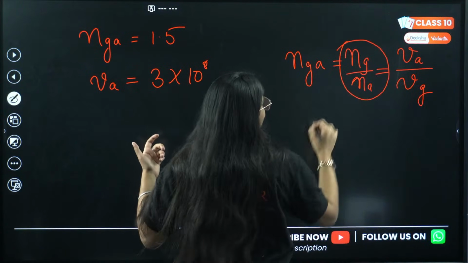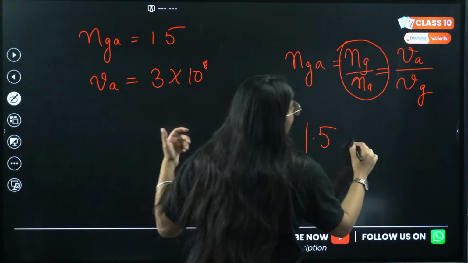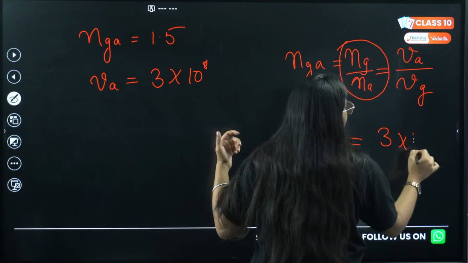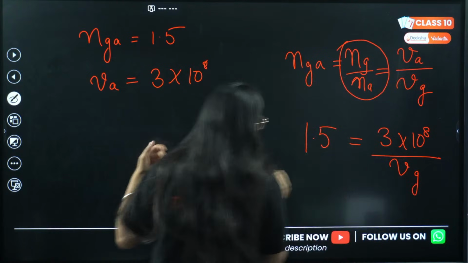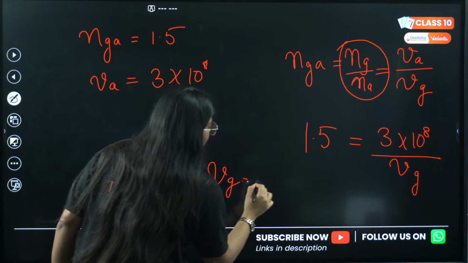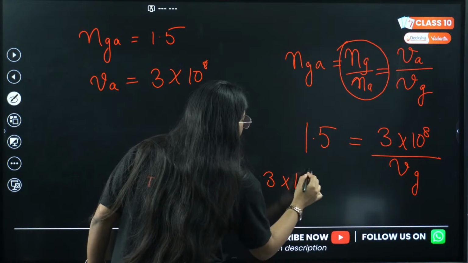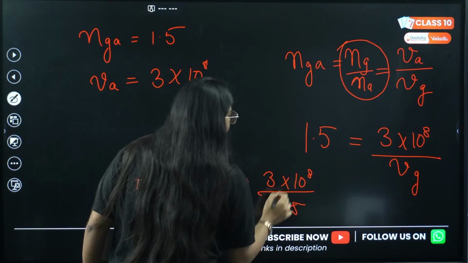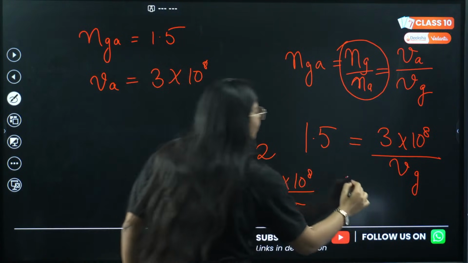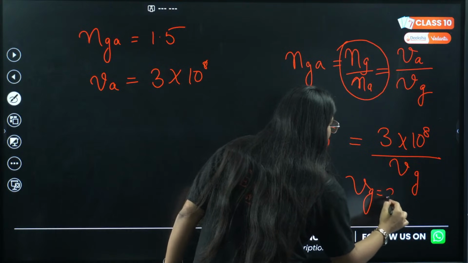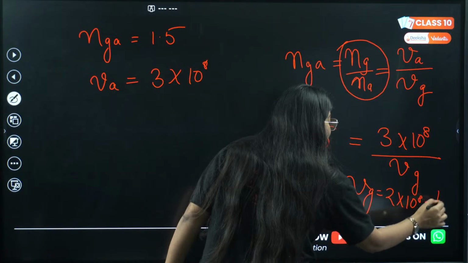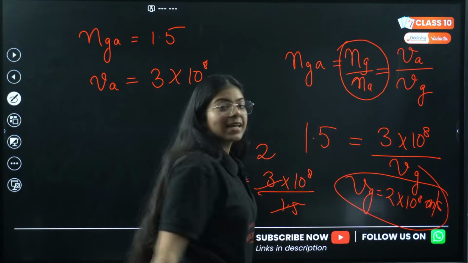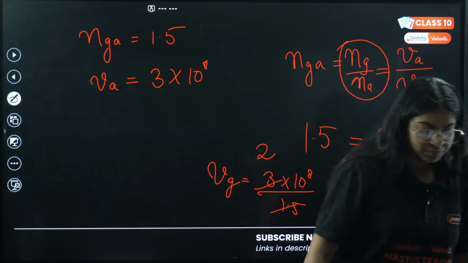So this is given as 1.5, this is given as 3 into 10 raised to power 8, and this we need to find. So if we multiply, this will be 3 into 10 raised to power 8 divided by 1.5, that will be 2. So velocity of light in glass will be 2 into 10 raised to power 8 meters per second. Units are very important.